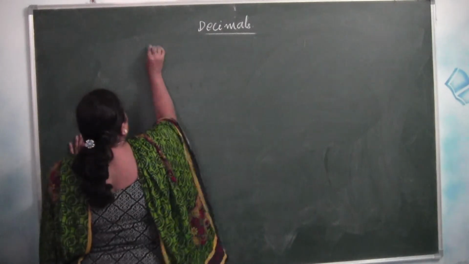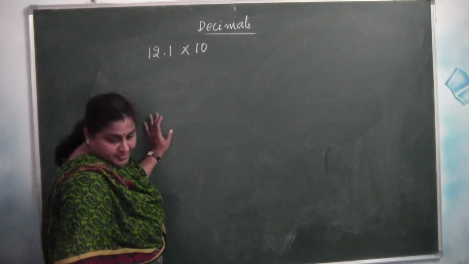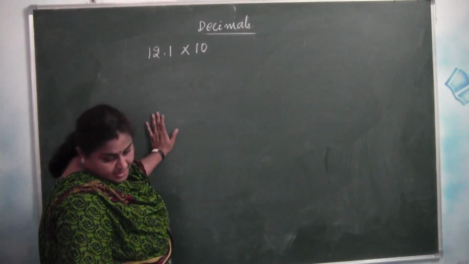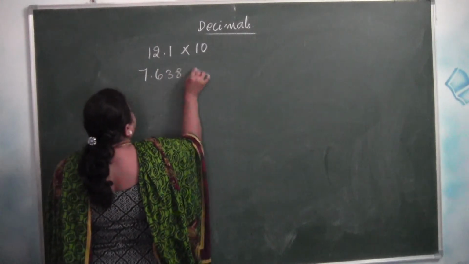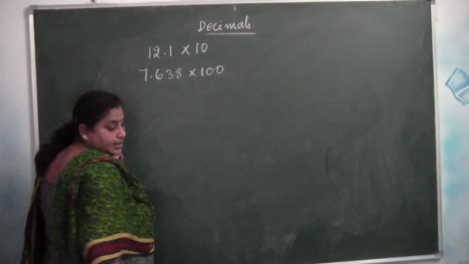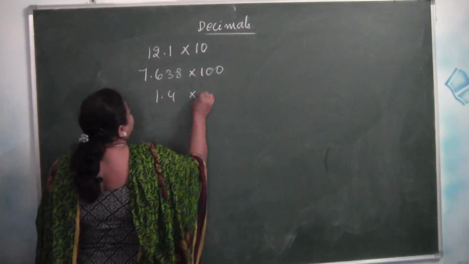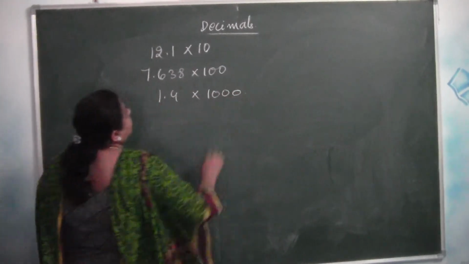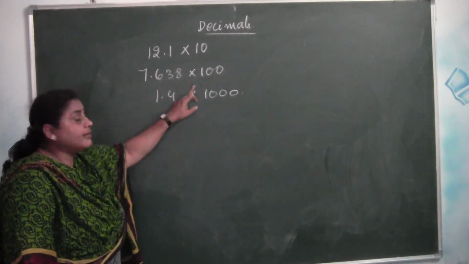Now let us take 12.1 into 10, the first question, and the second one 7.638 into 100 and 1.4 into 1000. Now see, I am multiplying the decimal number with 10, 100, 1000.